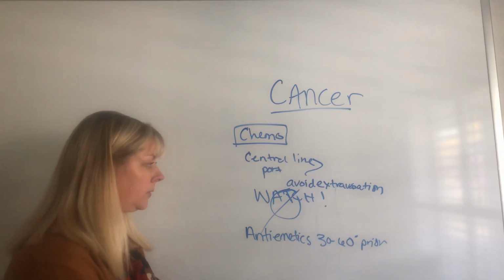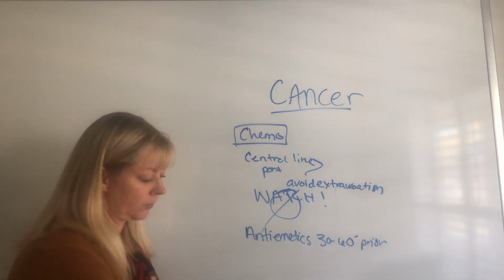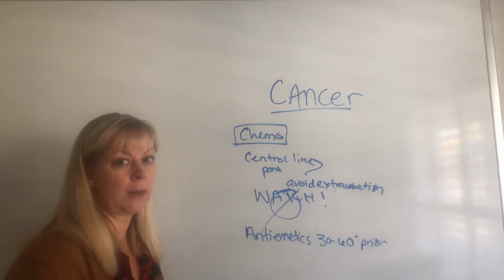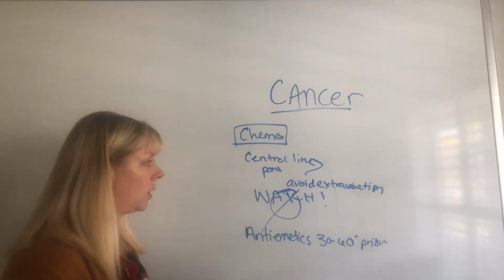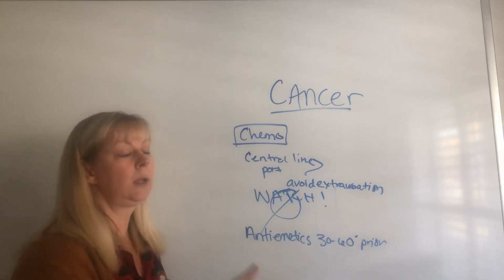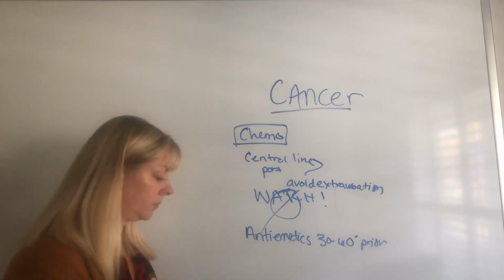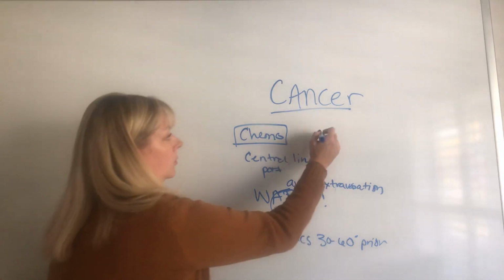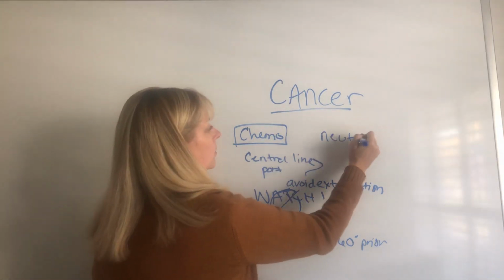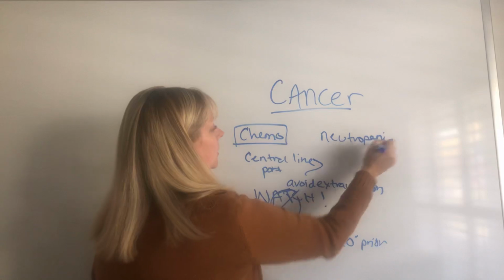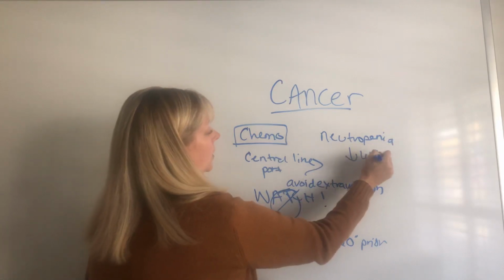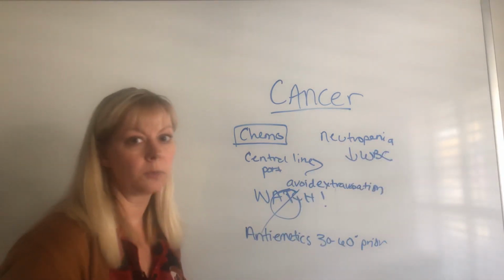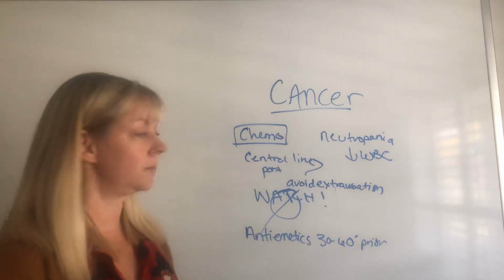Also, with this type of patient, remember they go through cycles, so it depends on the type of medication. So maybe at the end of week 1, that's when it's really kicking in, the peak of the drug. And remember, it kills all cells, so you can get neutropenia. What is that? A decrease of white blood cells, as well as the breakdown of other cells, but now you have an increased risk of infection.